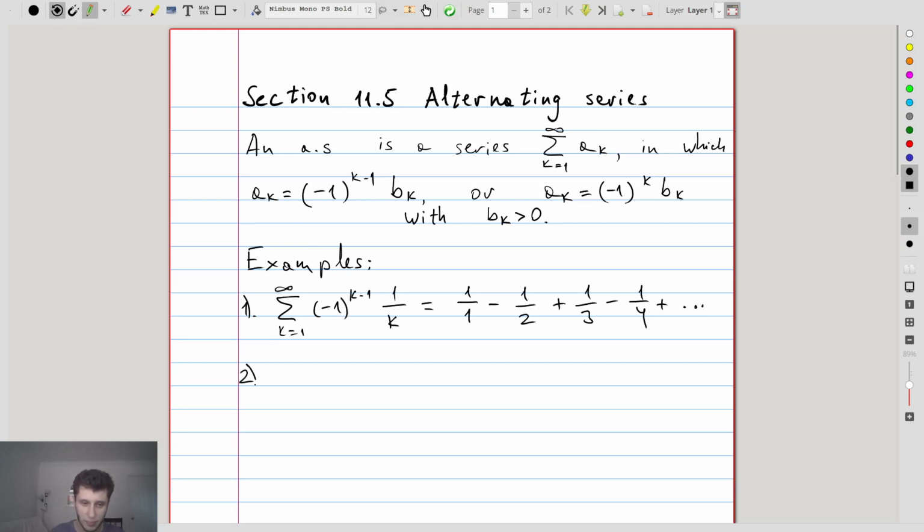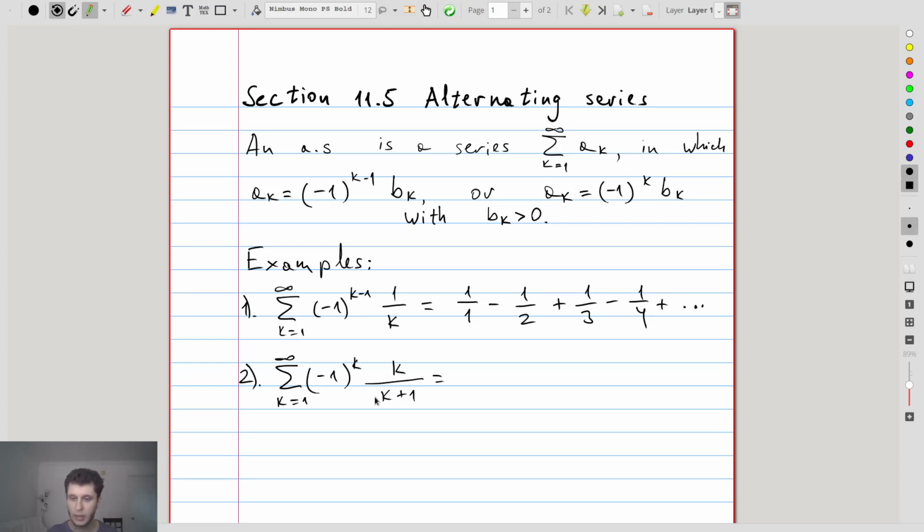Another example, so you can see that it doesn't matter if you start off with a plus sign, or you could just as well start off with a minus sign. All that changes is the entire series is multiplied by -1. So we could just as well write down something like so. Let's say we have (-1)^k times k over k plus 1. This series would start off with a minus sign, because k equals 1 now gives -1 to the first, which is -1.